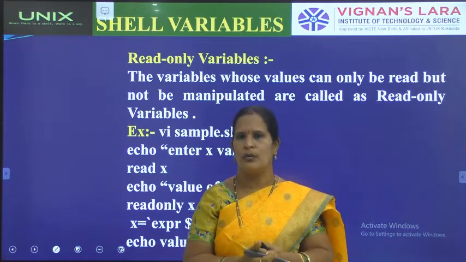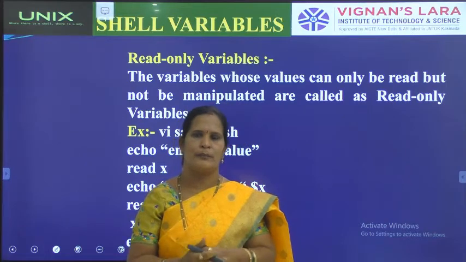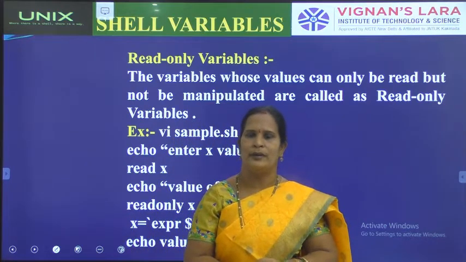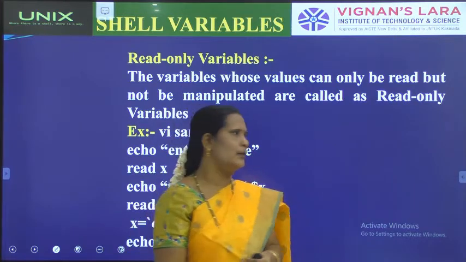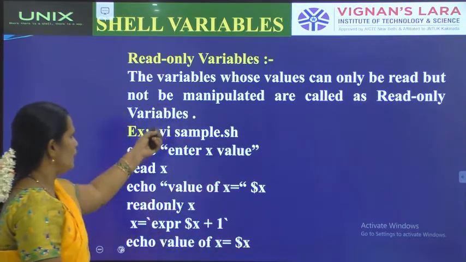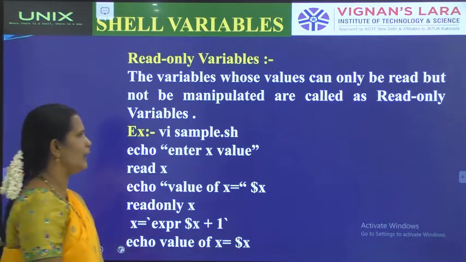We can read only, we cannot modify the value of that variable, meaning we cannot increment and we cannot decrement the value of that variable. We can just view the value of that variable only. Okay, this is the importance of a read only variable. So the variables whose values can only be read but cannot be manipulated.